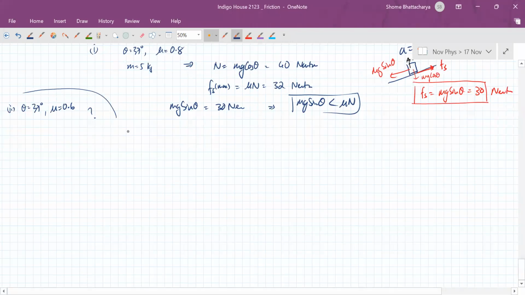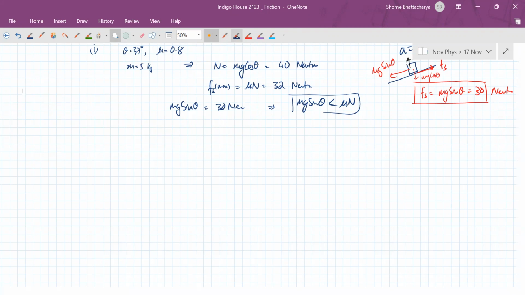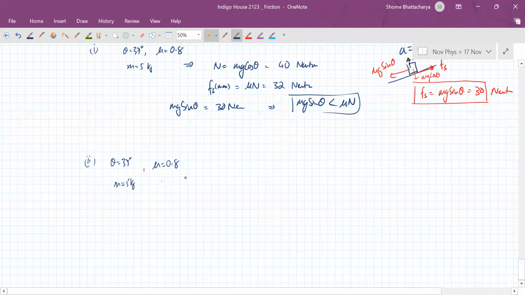So in this part, you can see theta is equal to 37 degrees, but coefficient of friction is 0.8. Mass is 5 kg. So once again, we can see normal reaction is 40 newtons.